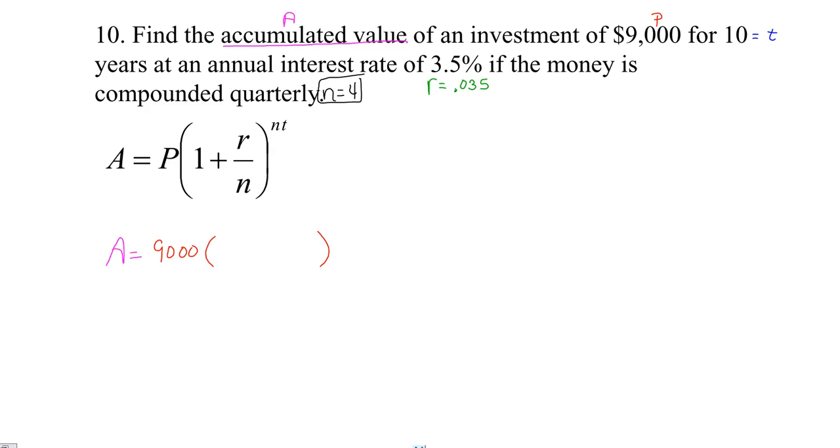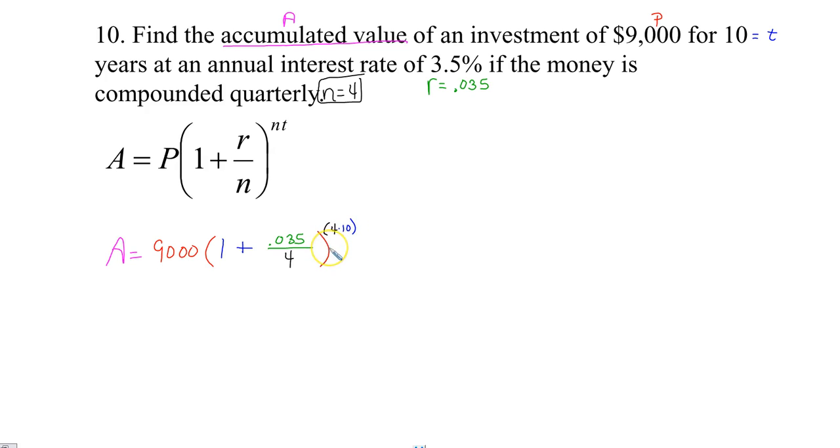In that parentheses, we're going to have 1 plus our interest rate of 0.035 divided by our number of times compounded, which is 4, raised to the power of, and I'm going to suggest you put this in parentheses, N times T, which is 4 times 10. So put this in parentheses. Be really careful when you enter this into your calculator.